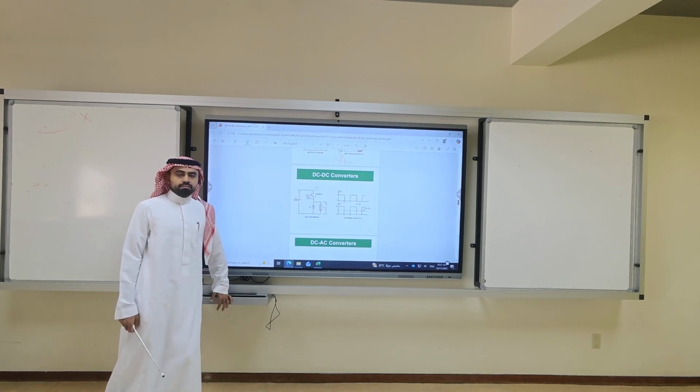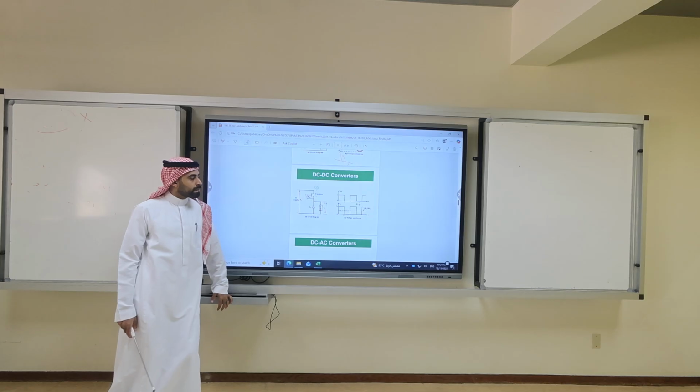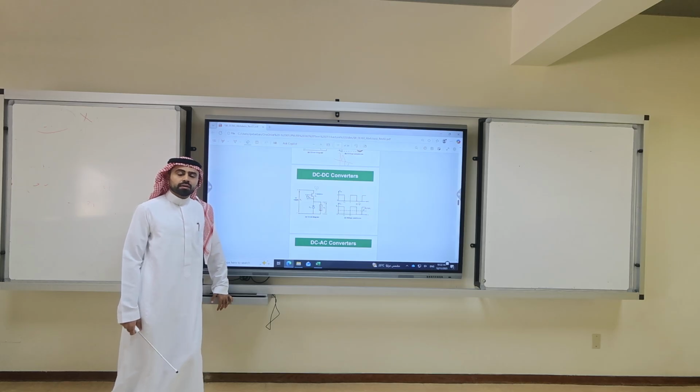What are the uses of a DC-DC converter? For example, a laptop power supply. There are some circuits where you need to bring the DC from 12 or 5 volt to 1 volt or 0.5 volt.